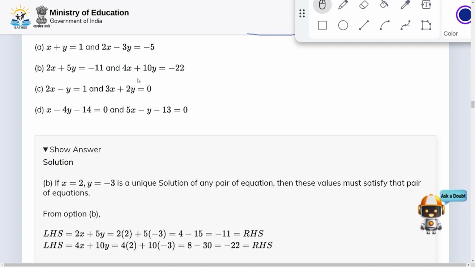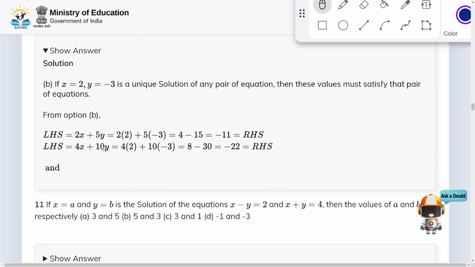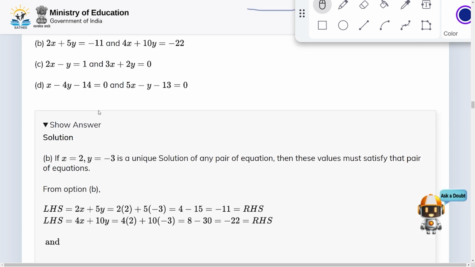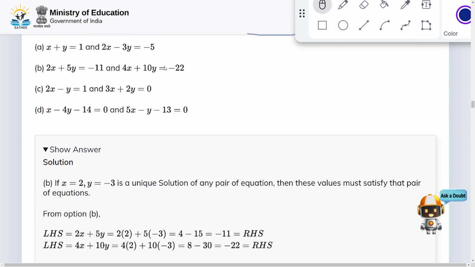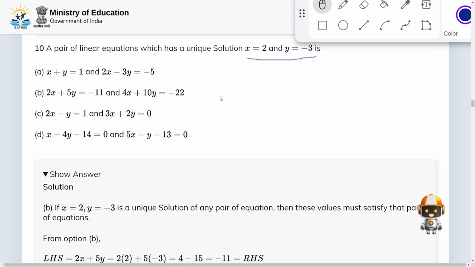If we substitute x equal to 2 and y equal to -3 in the left hand side of this equation, we get 4x plus 10y, which is 4 times 2 plus 10 times -3, that is 8 minus 30, which is equal to -22, and this is equal to the right hand side of this equation. So x equal to 2 and y equal to -3 satisfy this equation too.